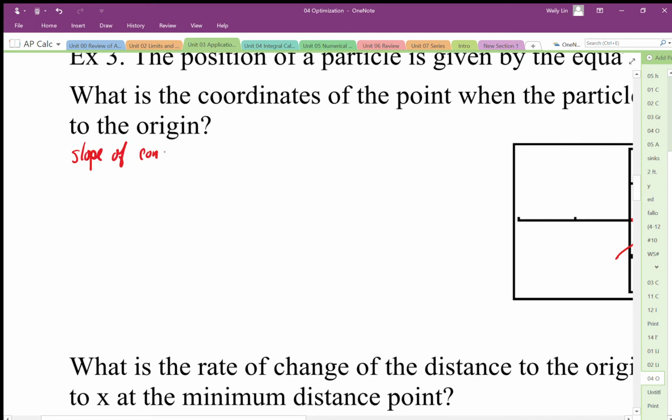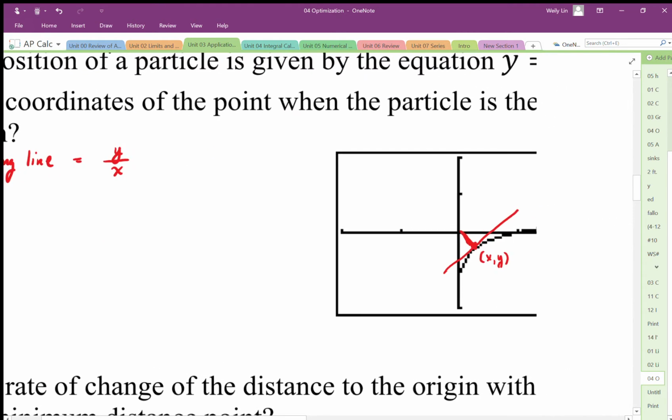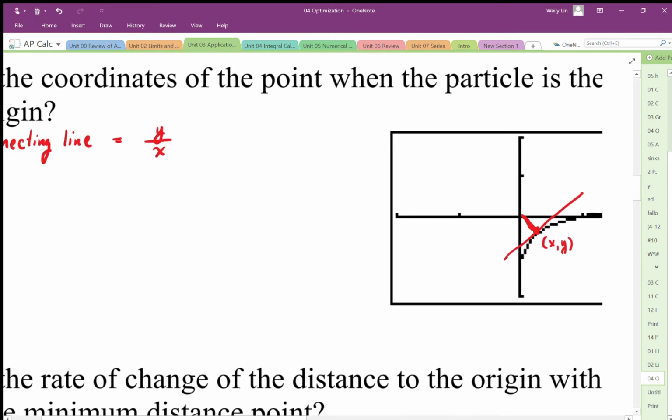So the slope of the line, I'll call it the connecting line, is equal to y over x. Actually it's not negative y over x, it's just going to be y over x because y is a negative position, so it will be negative inherently.